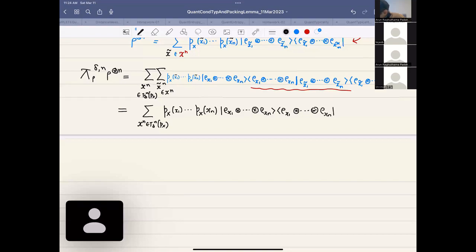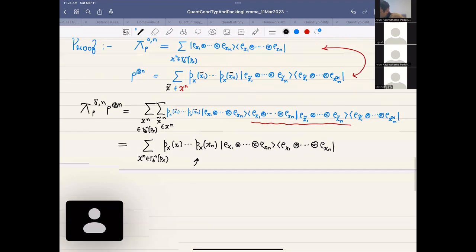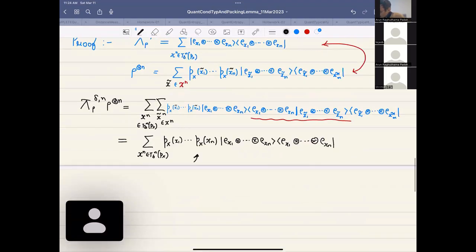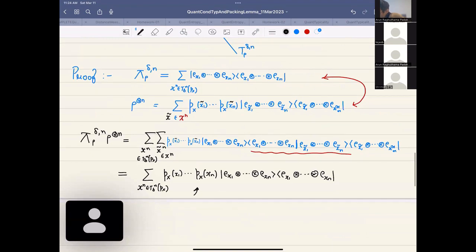Now when you take the trace of this operator, you will just be summing over the probabilities, and that will be just your typicality probability. So it's identical. It completely boils down to the classical case. If I went too fast, or you want another view of the sketch, let me know. I'll leave this here for 2-3 seconds before I go to the next one.